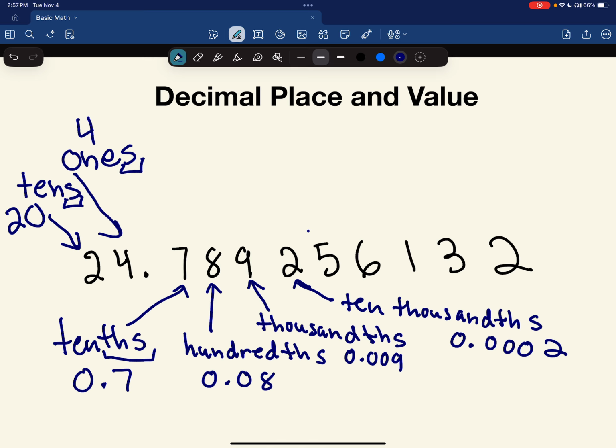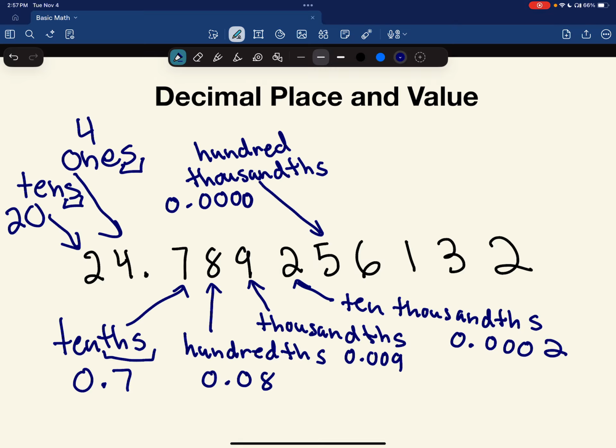Now let's take a look at the 5. So the digit 5, this is in the 100,000ths place. And this has a value of 0.00005, or 500 thousandths.